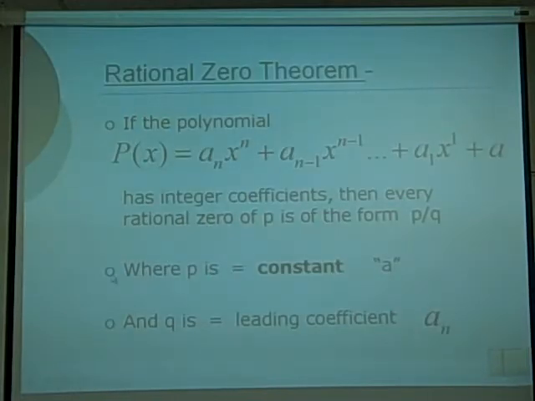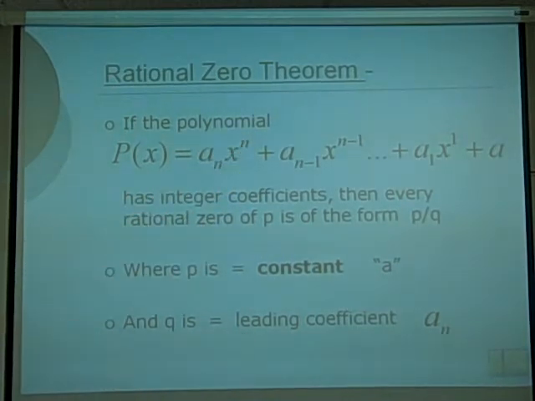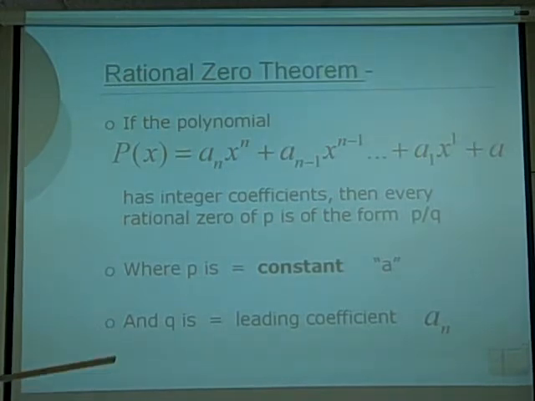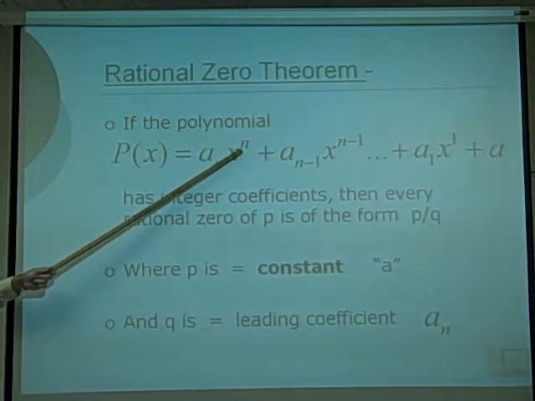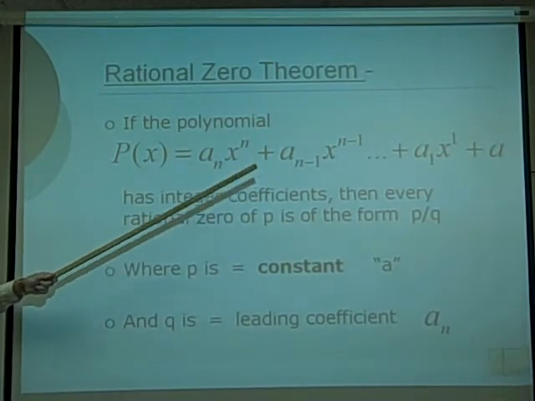Here we have a polynomial where a is the coefficient, and we have x to the n power, that would be your leading exponent. Then we have x to the n minus 1 and n minus 2 and so on.